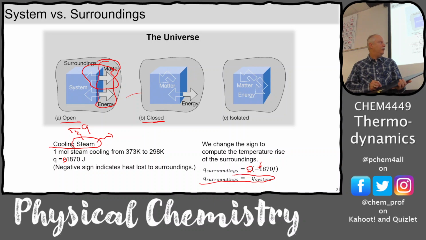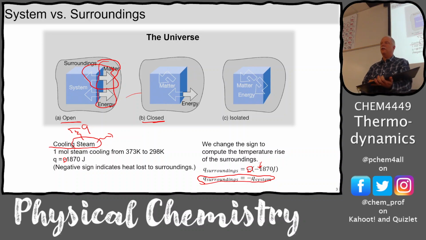And I guess you'll see me emphasize this a bunch of times today, that there's always a place where people drop a negative because they think that this negative sign right here in this definition of the surroundings equals minus the system is this negative sign right there. And it's not.